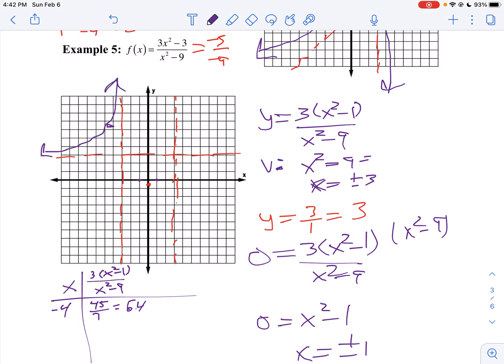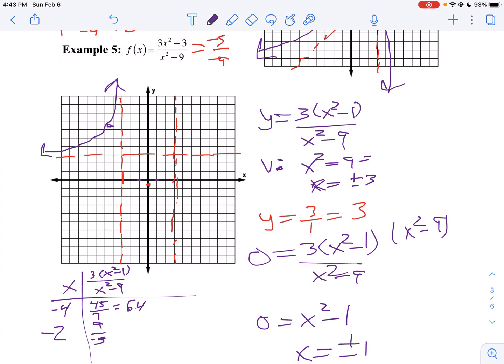Now let's pick negative 2 for x. If I go negative 2 for x, I get 4 minus 1 is 3, times 3 is 9, all over 2 squared, which is 4, minus 9 is negative 5.